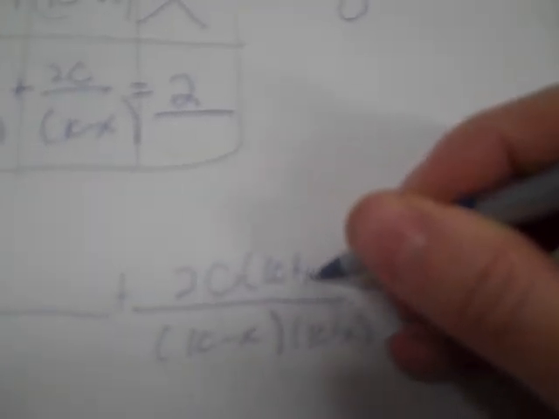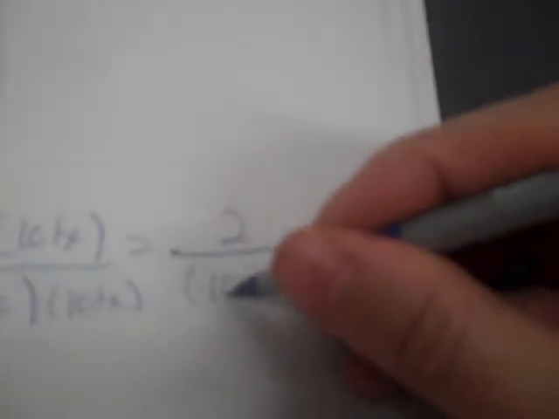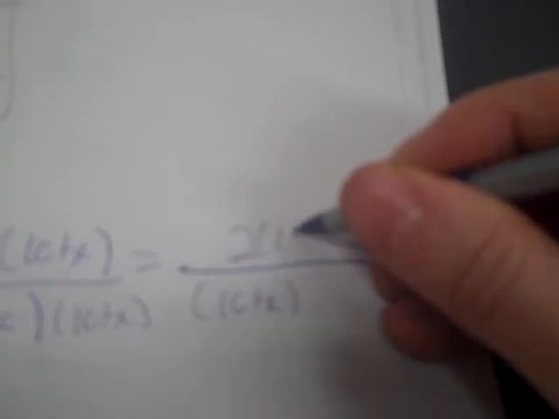Okay, so my LCD, I'm just dealing with the two parentheses. 10 plus x, 10 minus x. 10 plus x, 1, 0, 0. Ten minus x, 0, 1, 0.